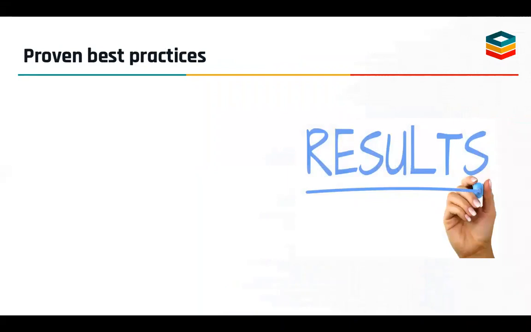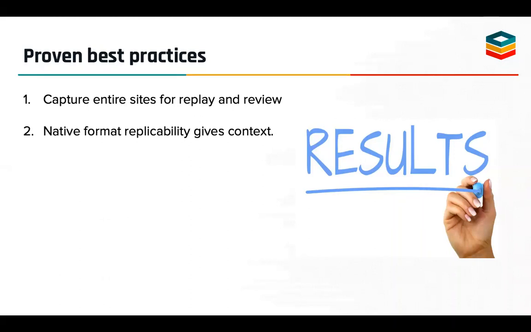So, as a quick review, these proven best practices: capture entire sites for replay and review. Use the native format so that you're giving as close to an original story as possible. Reduce your storage costs by monitoring changes instead of replicating entire sites all the time.